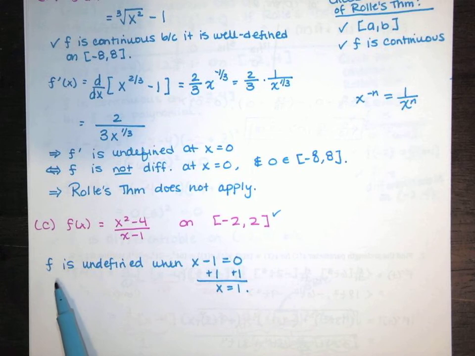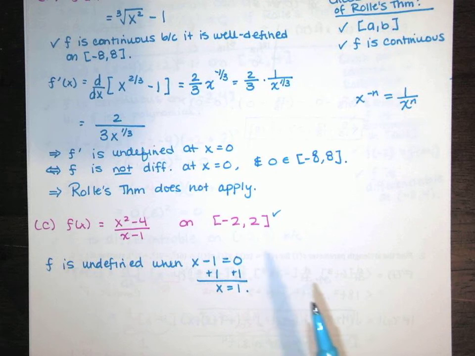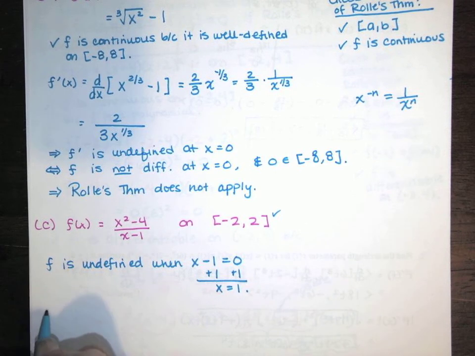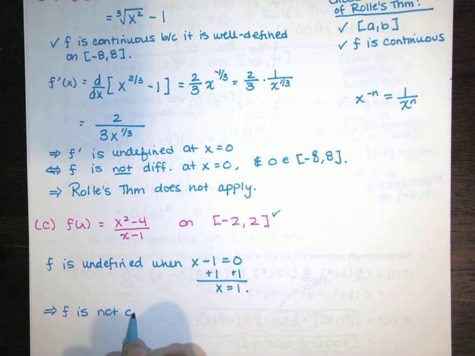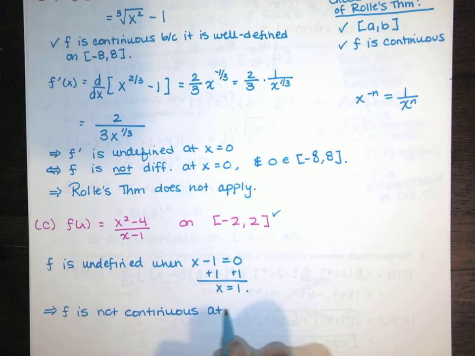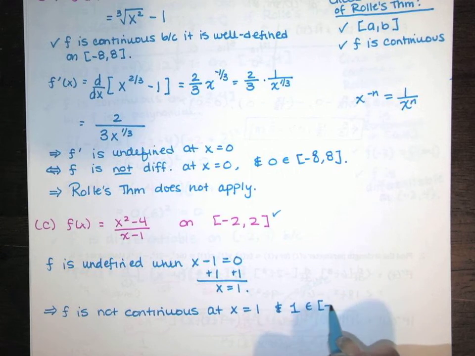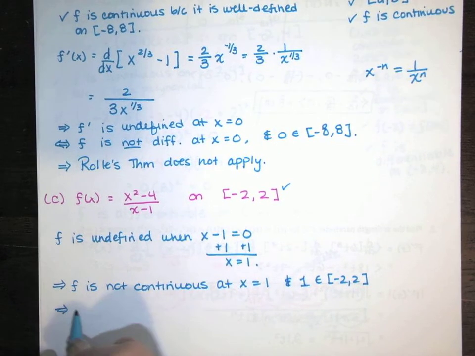Well, that means our function is not continuous at x equals 1, and if it's not continuous at x equals 1, it's not continuous on that interval. And if f is not continuous on the interval, then Rolle's theorem does not apply.